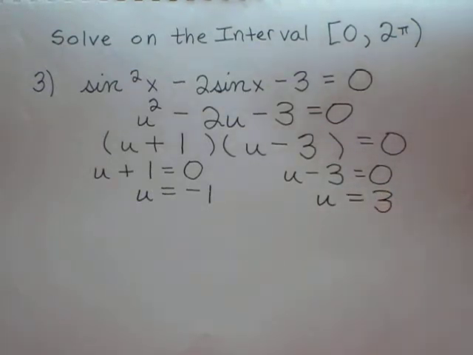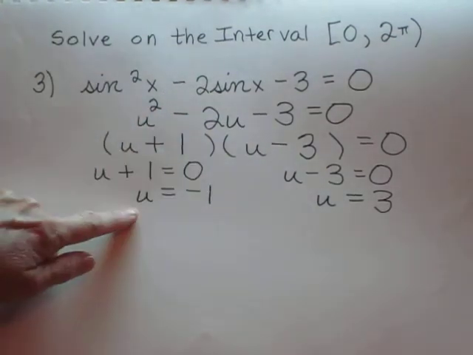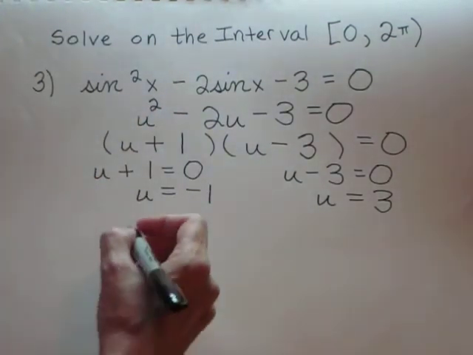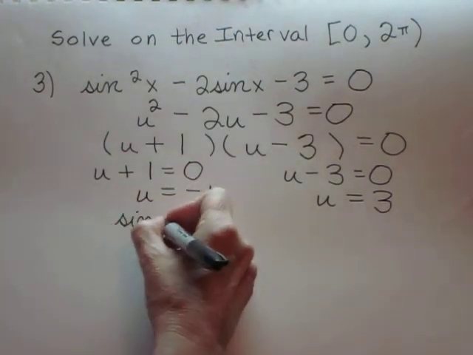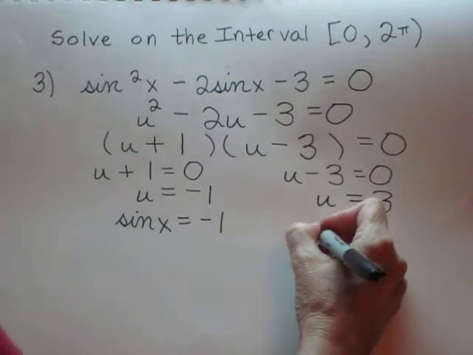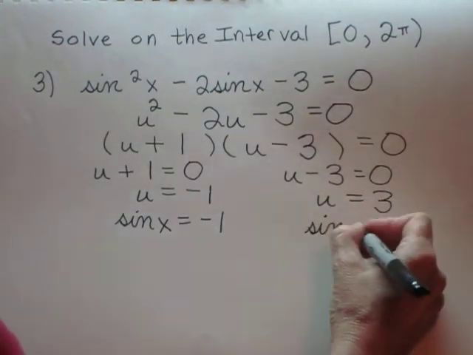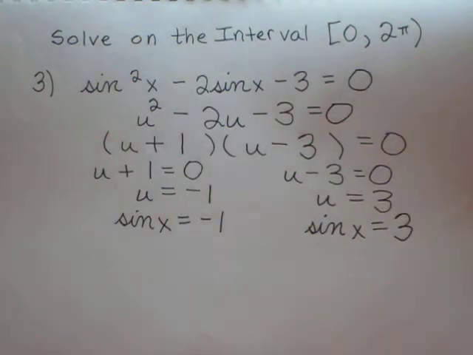Now remember, we replaced sine of x with a u, so this is the time to go back and replace that. u is just the sine of x. So the sine of x is negative 1. And then over here I have the sine of x is equal to a positive 3. Okay? And now we're just going to find what angle or angles will make these true.